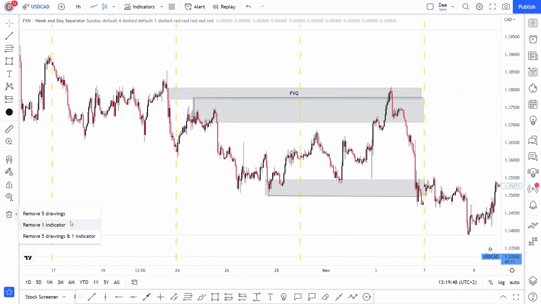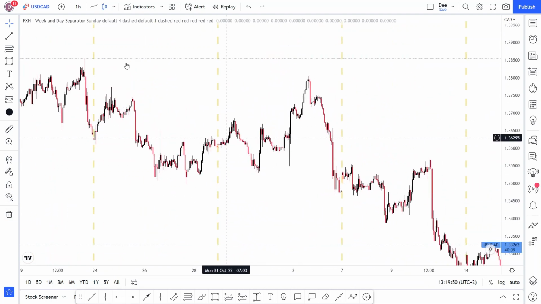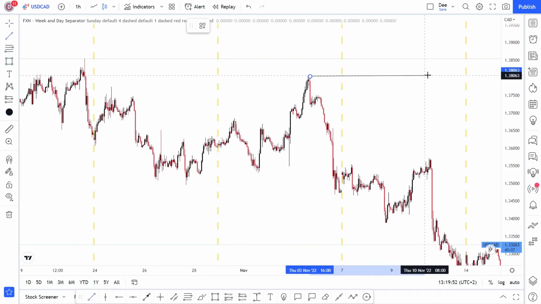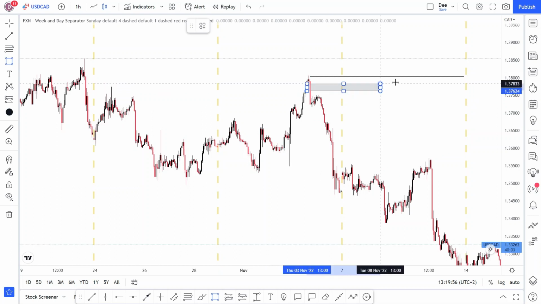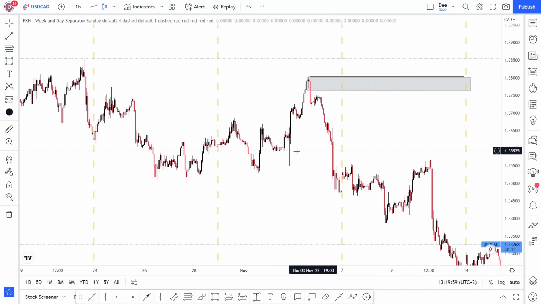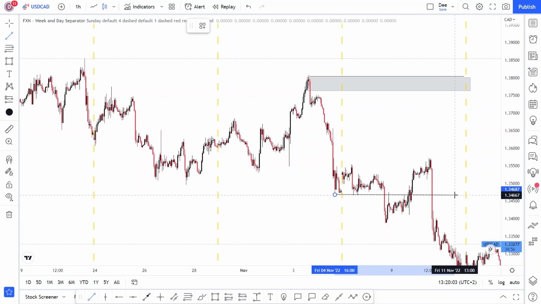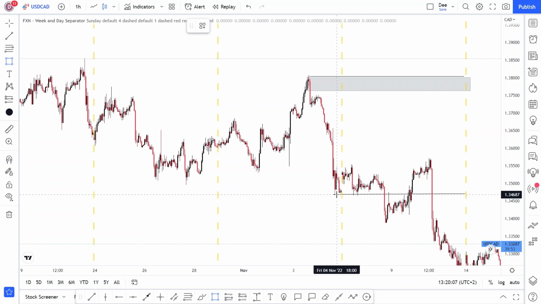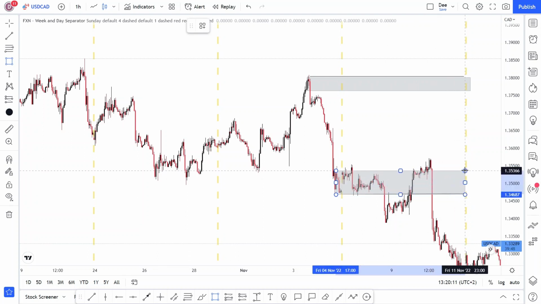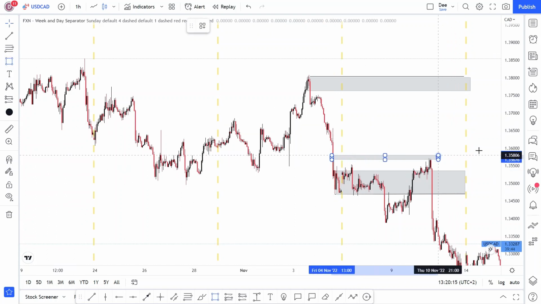so now coming into the new week, we remove everything. This was the high of the previous week, and the lowest low where the market closed last week was this point. Okay, and we had this fair value gap there.